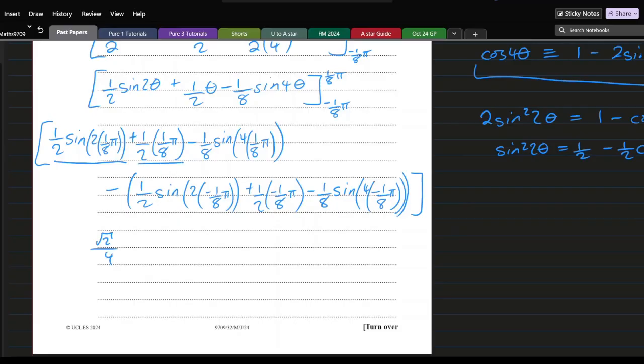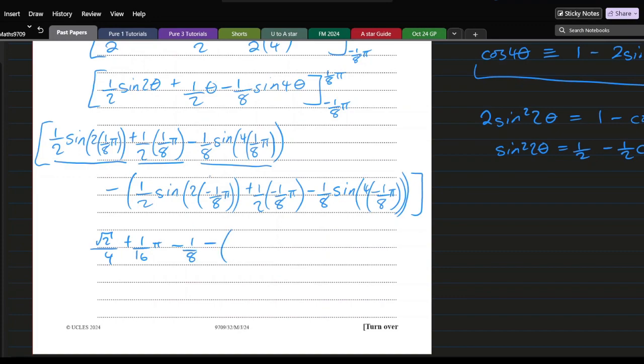Then we move on to 1 over 2 times 1 over 8 pi. That's positive 1 over 16 pi. Then we've got negative 1 over 8 sine, that's 1 over 2 pi, and that gives us a negative 1 over 8. And now let's move on to the lower limit.